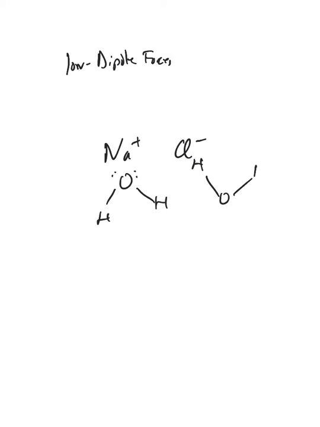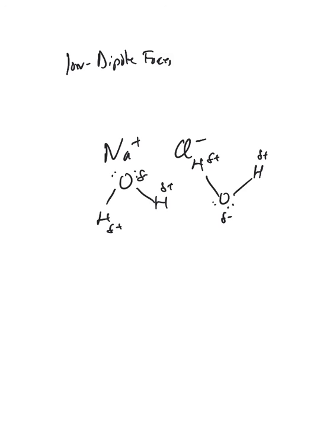And so an example of this type of interaction, we've got some ions like sodium chloride that are in order, and we've got some water molecules that have their partial charges.